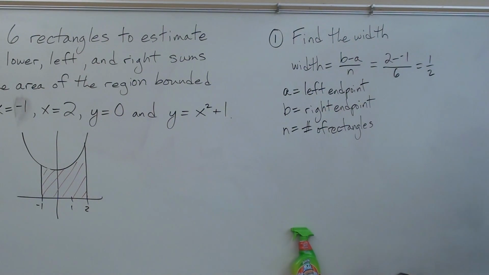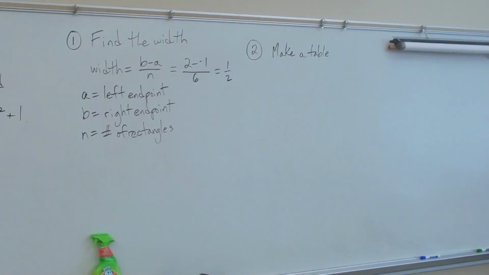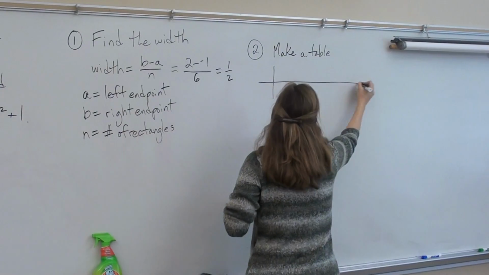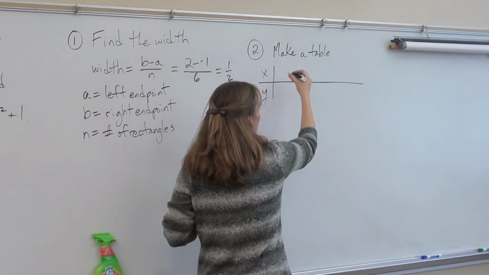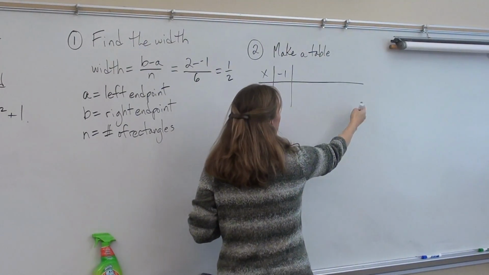Okay. All right. The next step that you want to do is make a table. When you make your table, this is just going to be like an XY chart. You want to start at your left bound for your x values and then walk by widths.